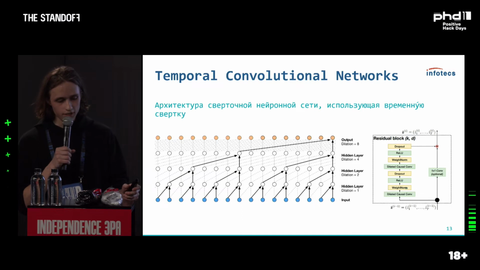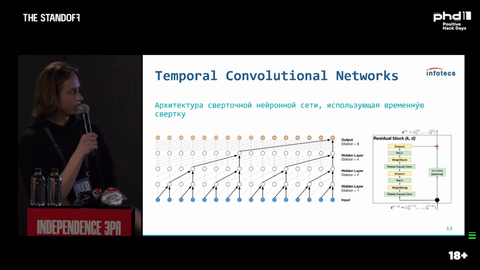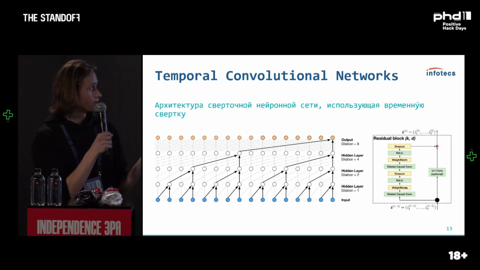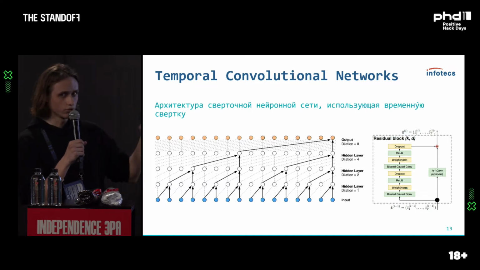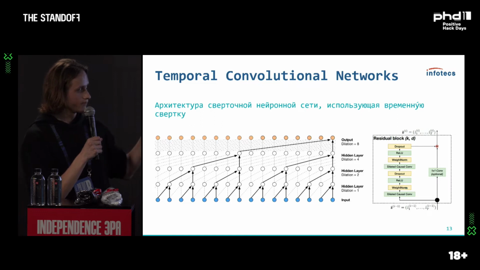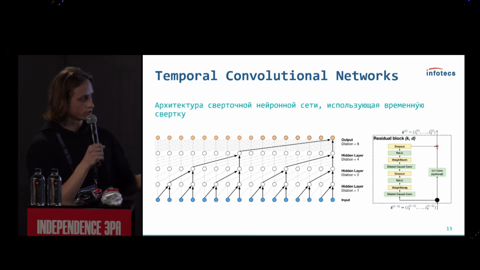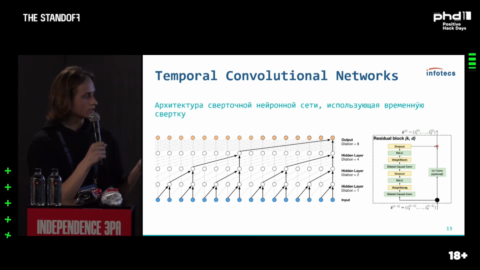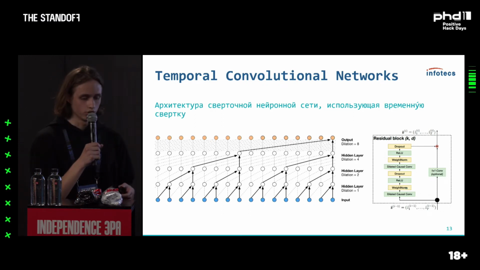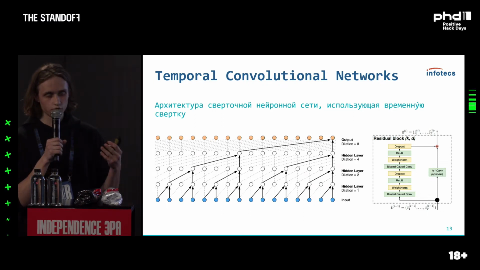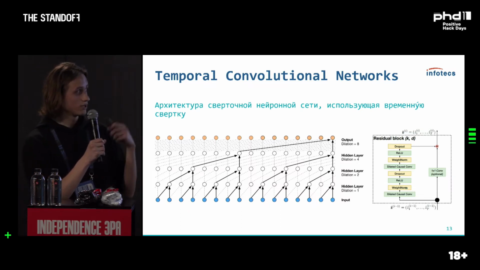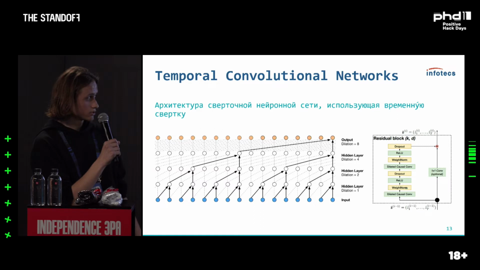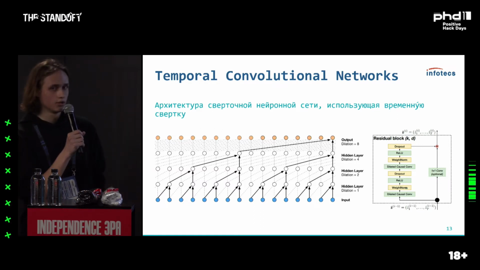Let's talk about the architecture we used. We used the so-called TCNs, temporal convolutional networks. Each next layer has the same number of elements as the previous layer. It uses the temporal convolutional method. Only those elements are included that existed previously.